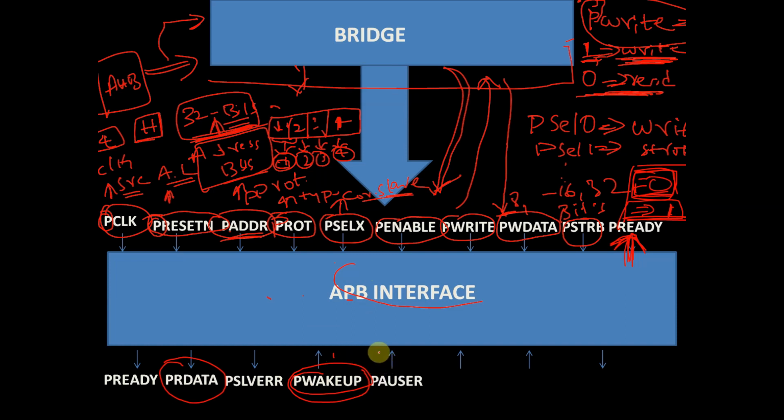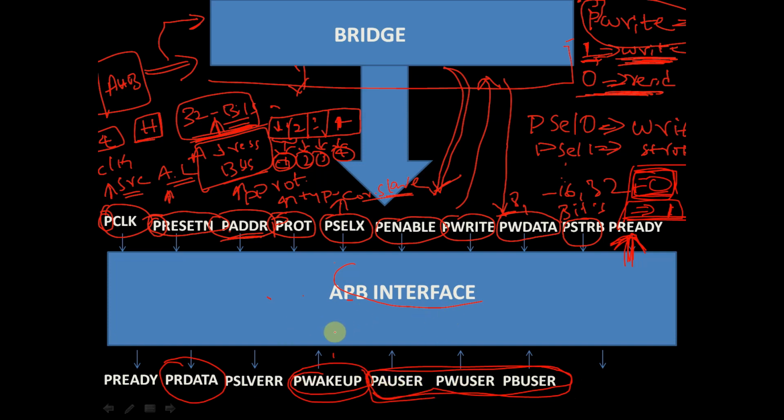And PAUSER is the request attribute, and PWUSER is the write data attribute. And coming to PRUSER, it is a user response attribute. We are not going to discuss these signals much, so I'm not focusing on them. Just know that these are the user attribute signals.